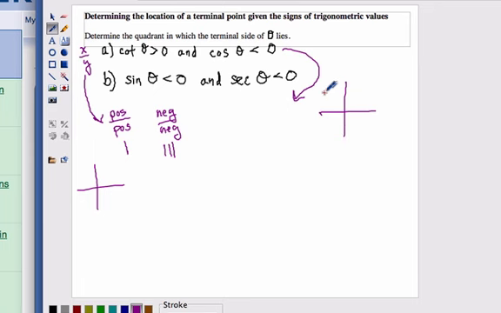So we're talking about quadrants 2 and 3. So I'm going to put that here. So I can see in this case, it's got to be quadrant 3 because quadrant 3 meets both conditions. Okay, so part A is quadrant 3.